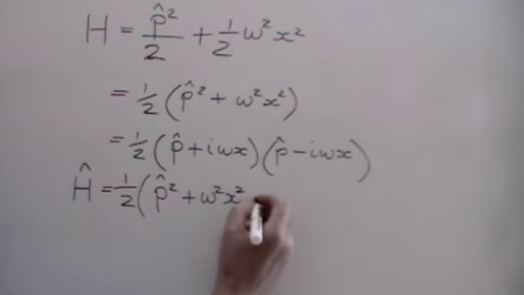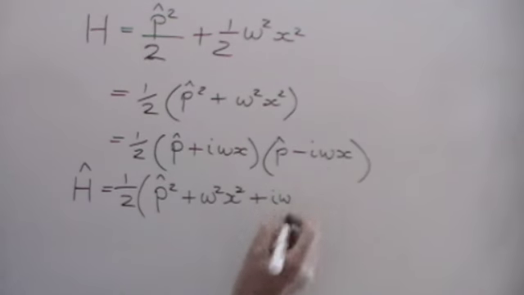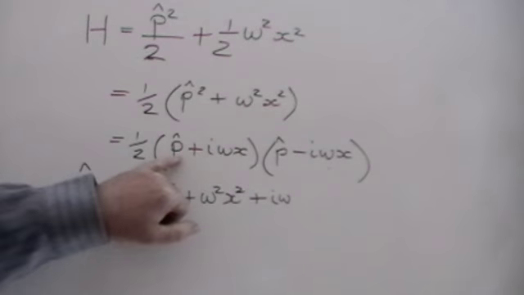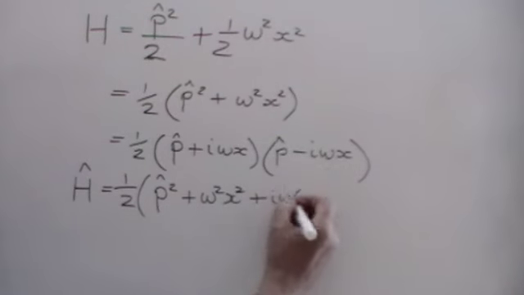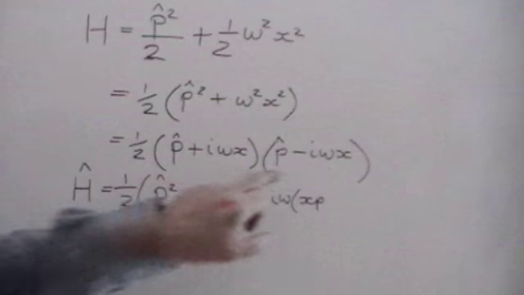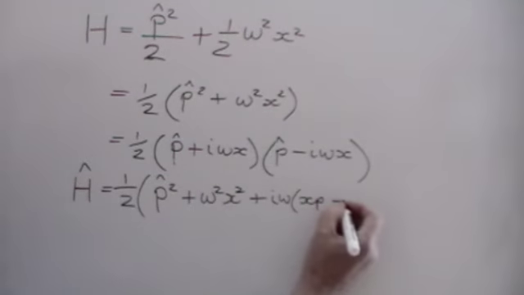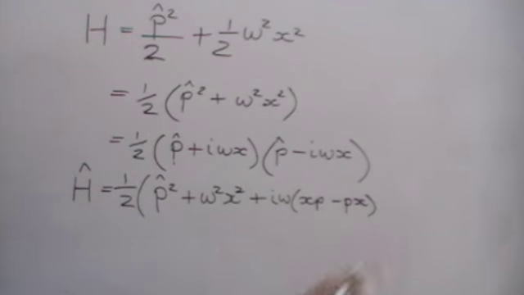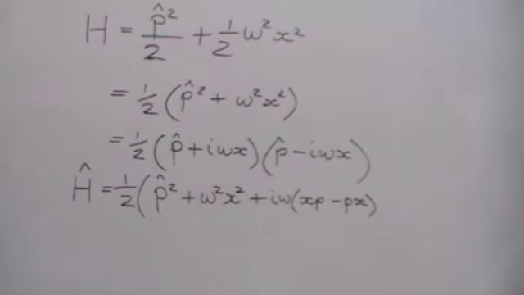But now we have to say that we've got plus i omega. And now what have we got? We've got i omega xp minus i omega px. And classically, of course, that would equal 0 and that term would go.